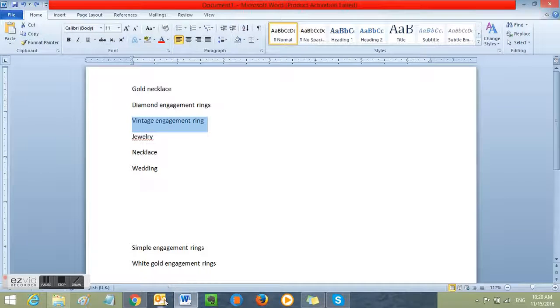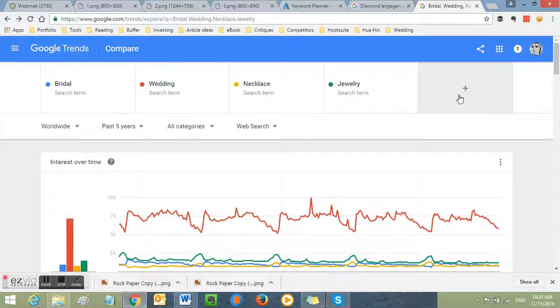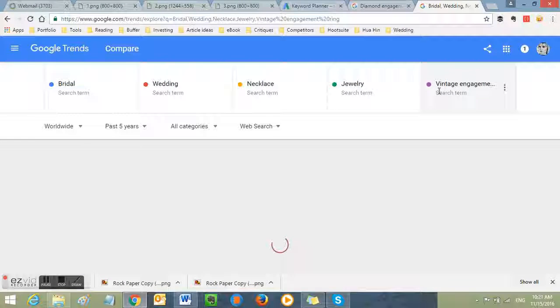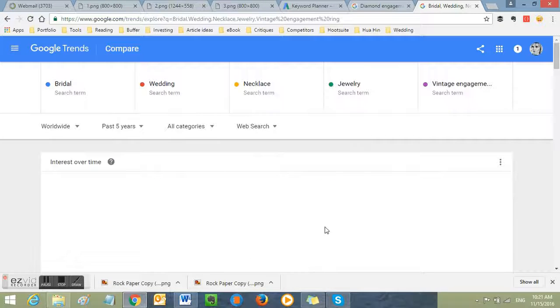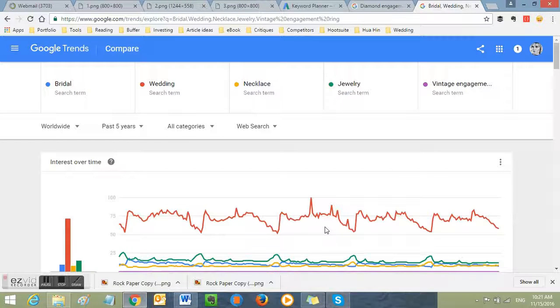Now we're going to put in vintage engagement ring, which I think we already checked, but using Google Trends. Now we check the plural version. Now we're checking the singular version, which we found is much better.